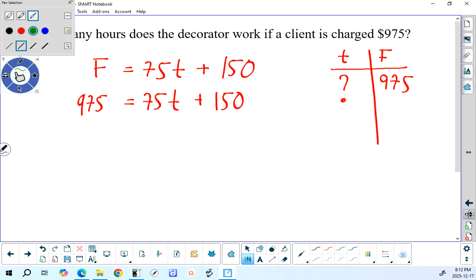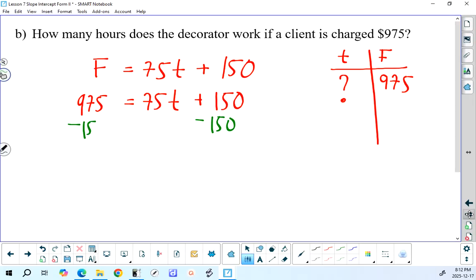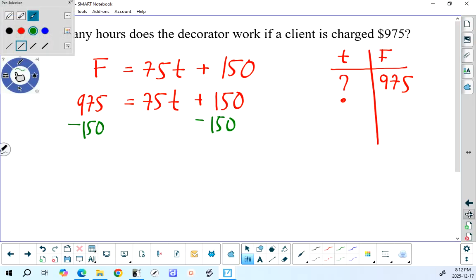You subtract 150 from both sides. What do we get? 975 minus 150 is 825, equals 75T.